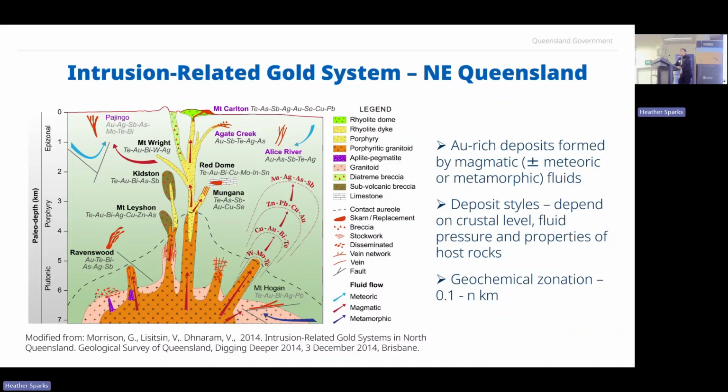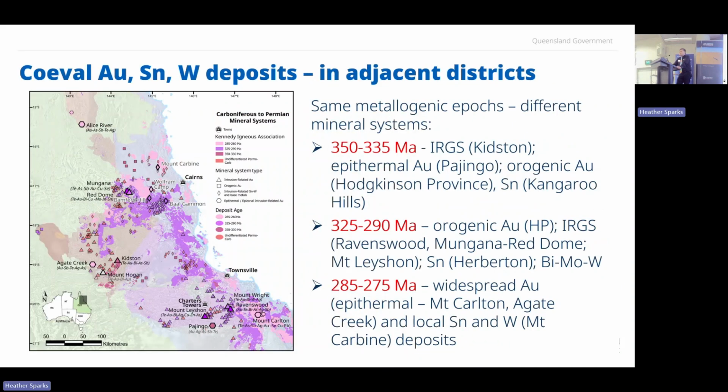So this is the dominant family of deposit styles and types in North-east Queensland. It's useful to note that in the same area as there were intrusion-related and epithermal gold deposits, there is a great variety of deposits of other mineral system types and different commodities.